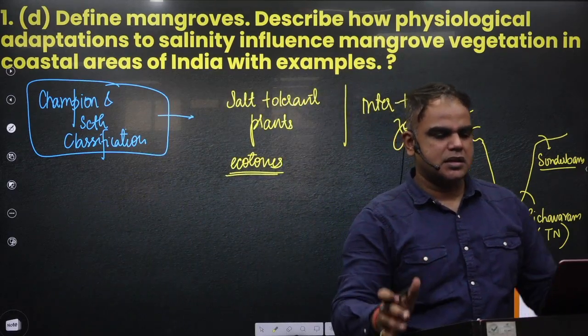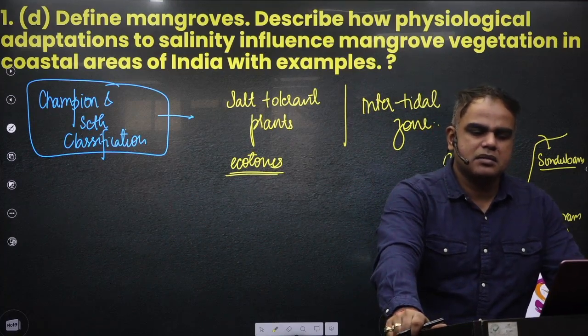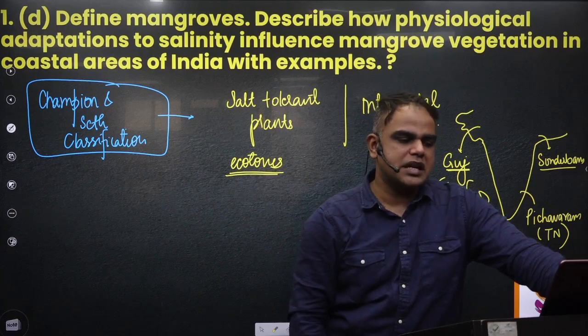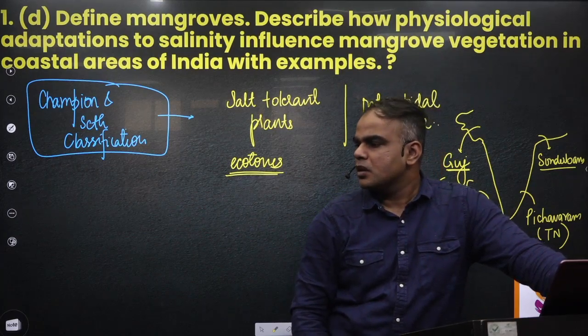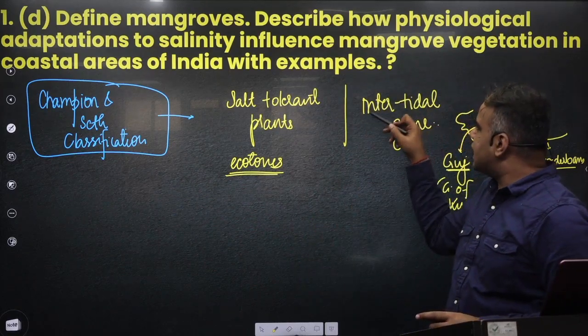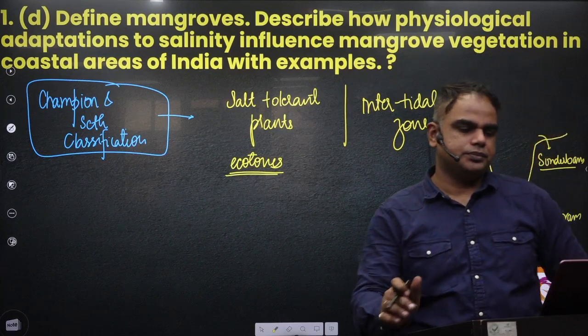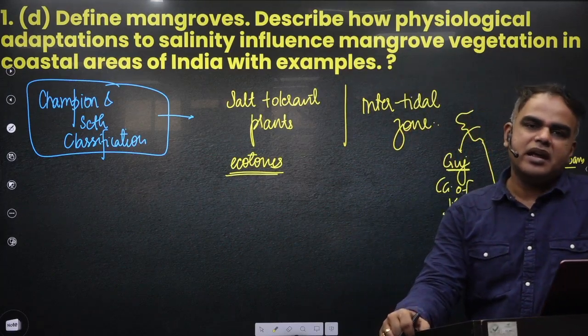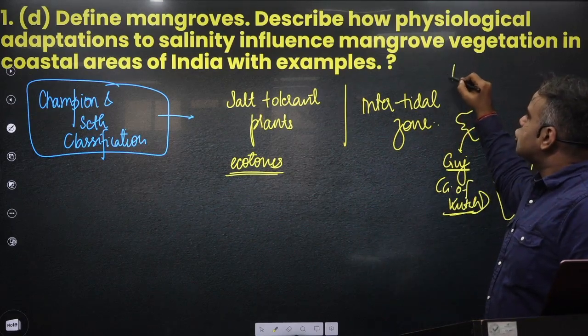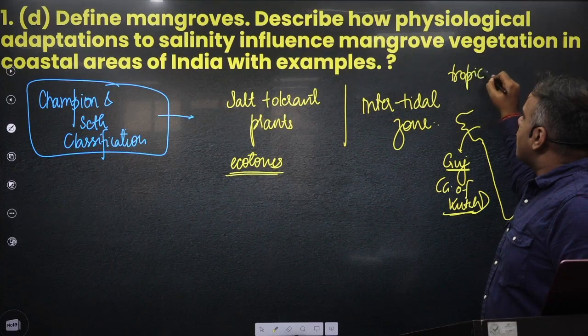Okay, so again one line definition I'll give you, you can write it down. Mangroves are salt tolerant trees and shrubs that thrive in coastal intertidal zones, particularly in tropical and subtropical regions.